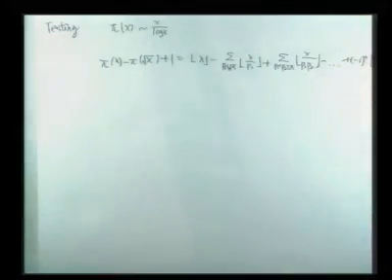This one. As you can see, the left-hand side is pi x minus pi the square root of x. We can expect that the left-hand side is asymptotic to pi x.